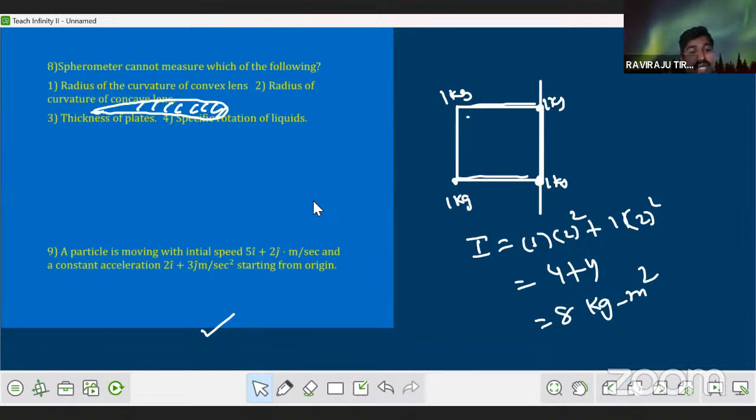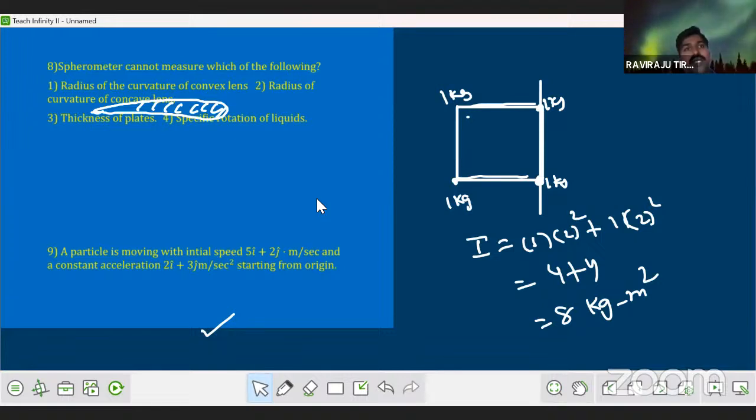And a constant acceleration 2 i cap plus 3 j cap meter per second square, starting from origin. First, you have to understand some basic points from this information. The first point we should remember is particle started from origin. And next one, since it is given 5 i cap plus 2 j cap initial velocity, that means it is moving 2-dimensionally.